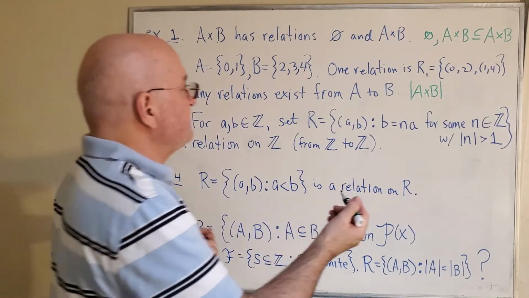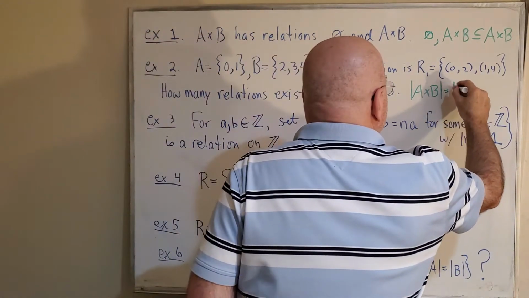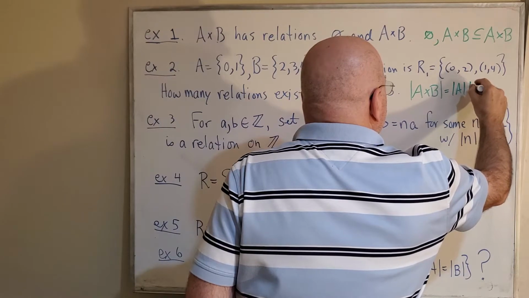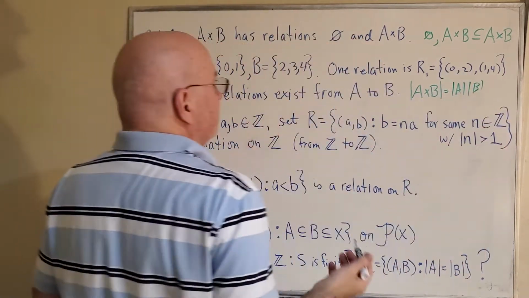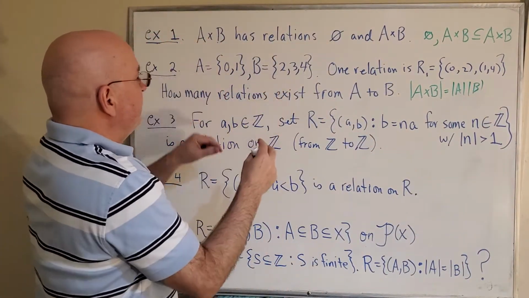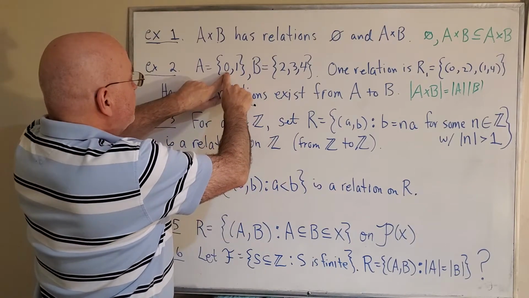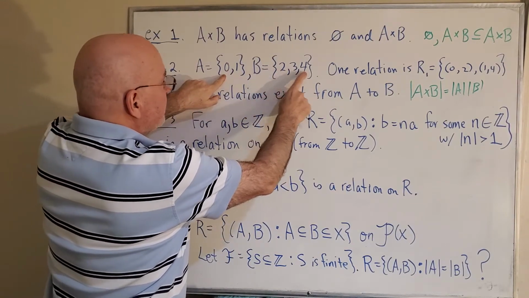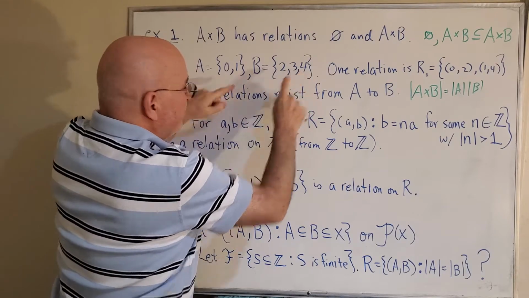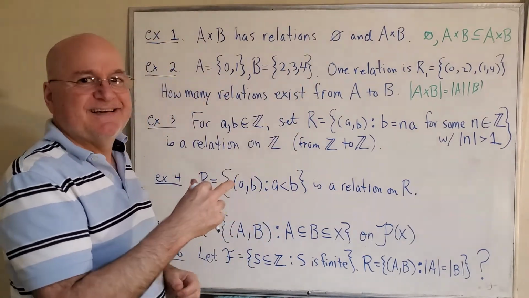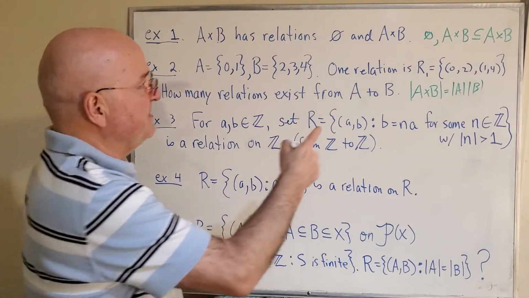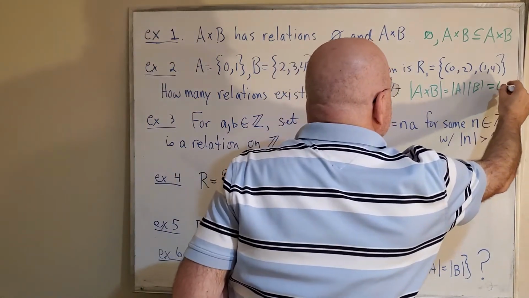Well, it turns out it's just 2 times 3, right? You have 2 here, you have 3 there, you can make 6. You can map this 0 to either 2, 3, or 4, and this one to 2, 3, or 4. So for this example, it's 6.